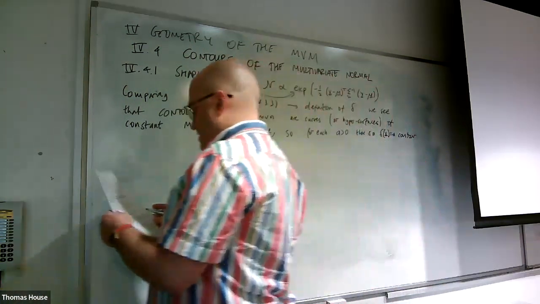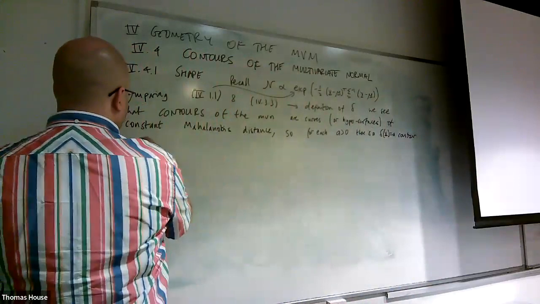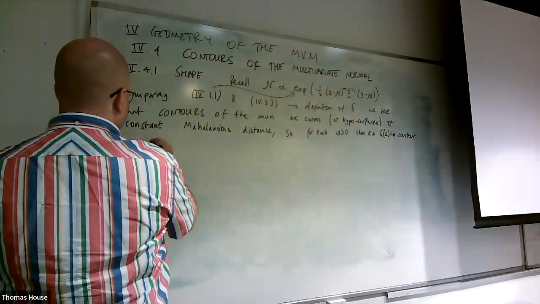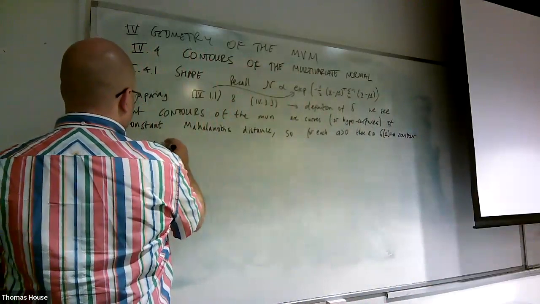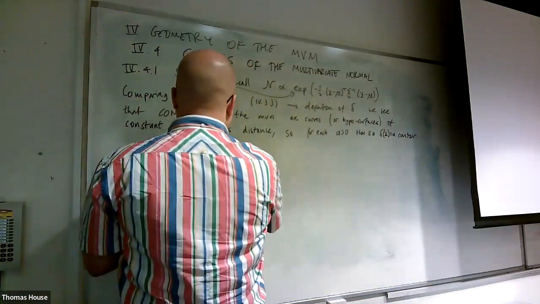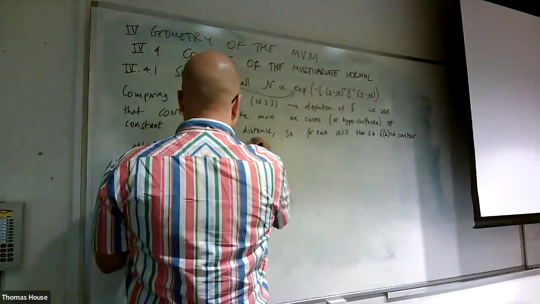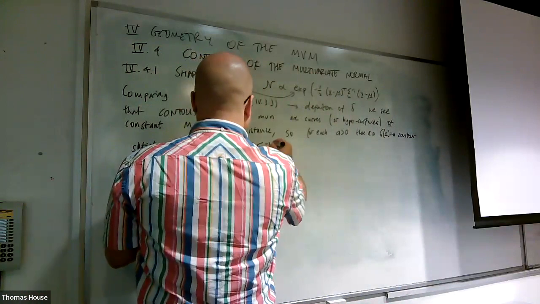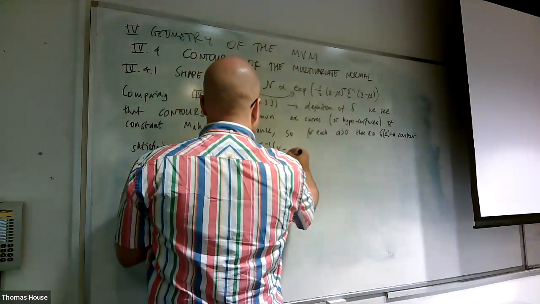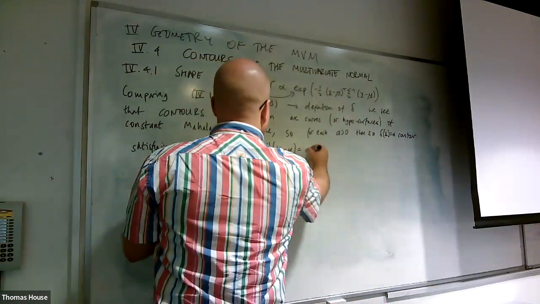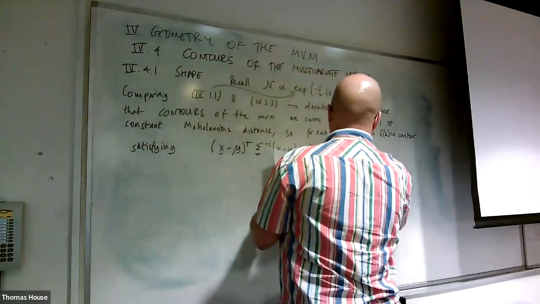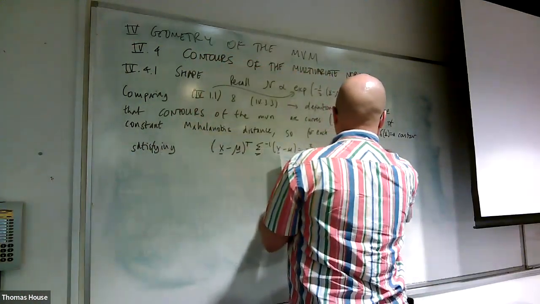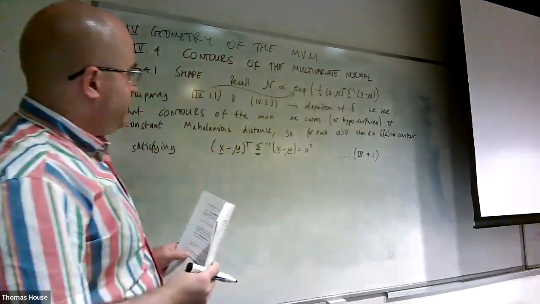And if we write that out, that satisfies x minus mu transpose sigma inverse x minus mu is a squared, right? And I'm not very good at labeling equations. They are in the notes.